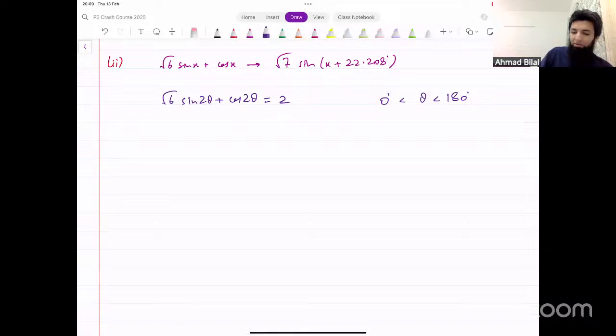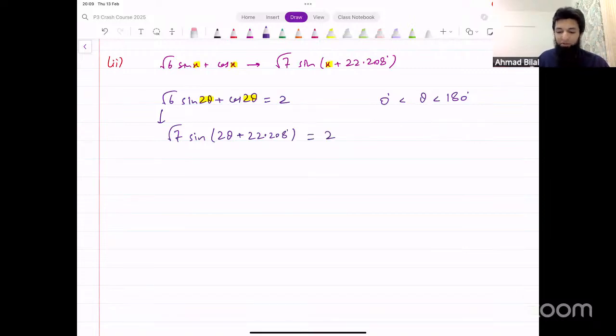Now again, do the same thing that we did in the previous question as well. You have x here, and you have x here on the right side. When this angle changes to 2 theta, it becomes square root of 7 times sine, and in place of x here, you write 2 theta. That's the only change that you have. 2 theta plus 22.208, and that equals 2. That's the equation that you now need to solve.